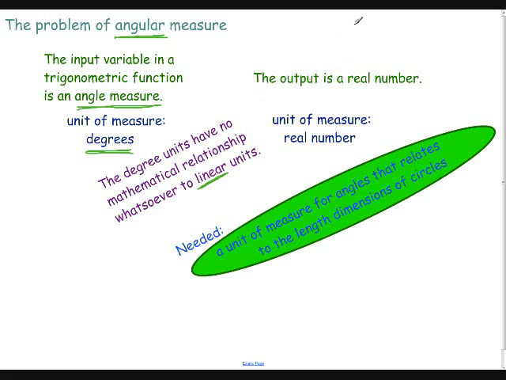If I tell you that we've got a 45-degree angle, that doesn't tell us anything about the length of the rays, or if we're drawing a circle, I should say, the radius of that circle. In a trig function, we've got an input, which is an angle measure, and an output, which is a real number.